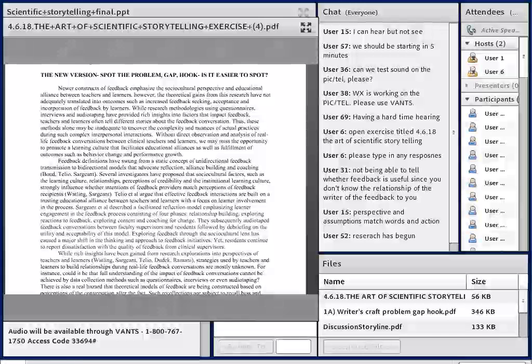Those of you typing in the chat box, you can just say: sentence beginning this is the problem statement, sentence beginning this is the gap, and sentence beginning this is the hook.